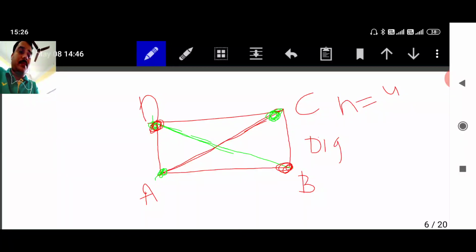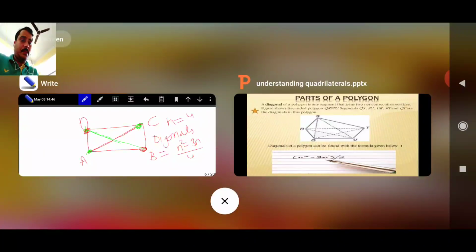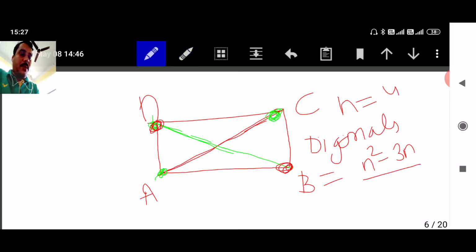Diagonals equal to (n square minus 3n) by 2. Okay, divided by 2.